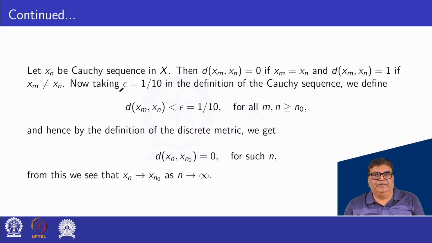Now taking epsilon as 1/10 or 1/100 in the definition of the Cauchy sequence, d(xm, xn) is less than a very small value, close to 0. Hence we can write d(xn, x0) = 0, that is, xn converges to the point x0 as n tends to infinity.